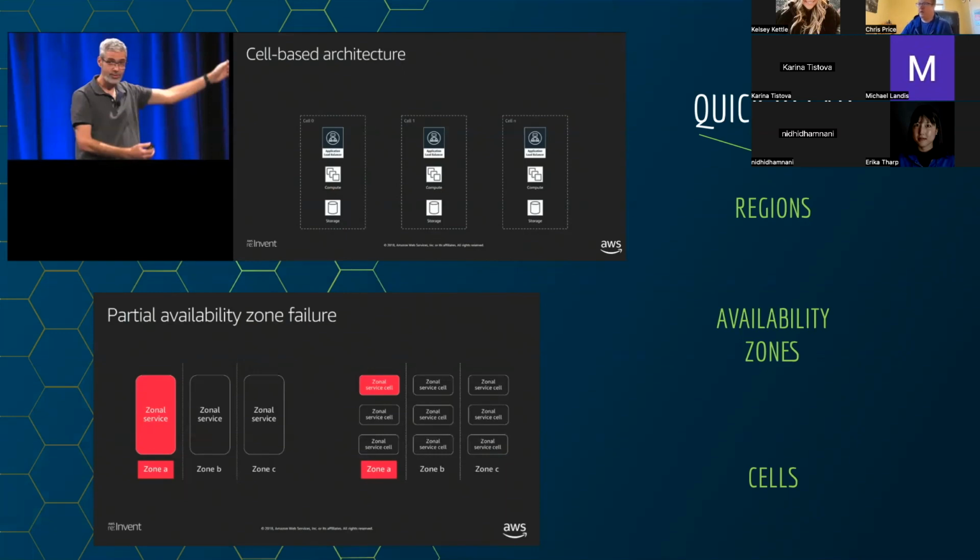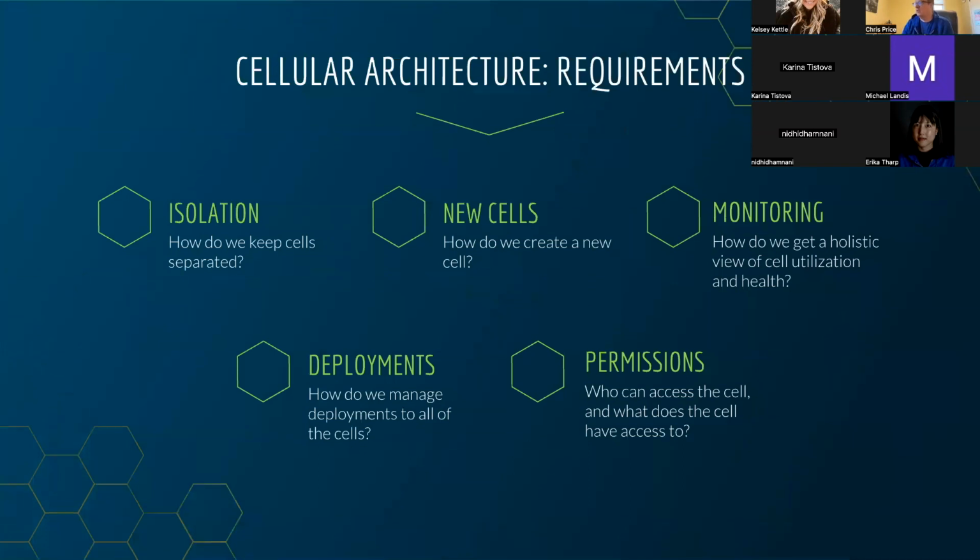So it's a mechanism for deciding how to deploy your application in a way that will minimize the amount of impact that any given customer has when some type of outage occurs. And so this is the list of goals that I wanted to talk through about how to create and maintain a cellular architecture for your application.